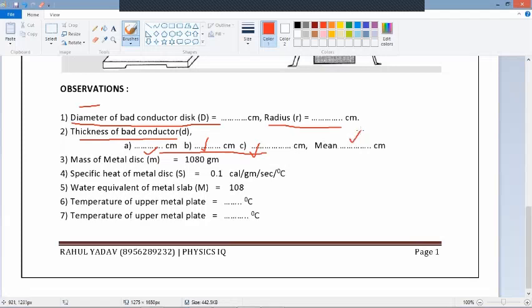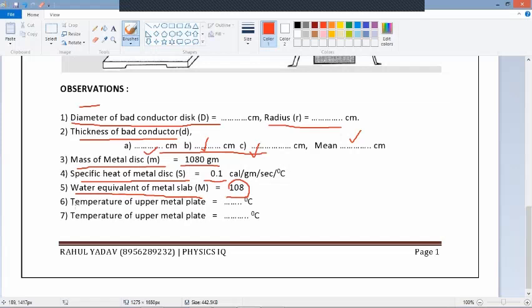What is the mass of the metal disc? It is given as 1080 gram. The specific heat of the metal disc is also given: 0.1 calorie per gram per degree Celsius. The fifth one is the water equivalent of the metal slab, which is 108.